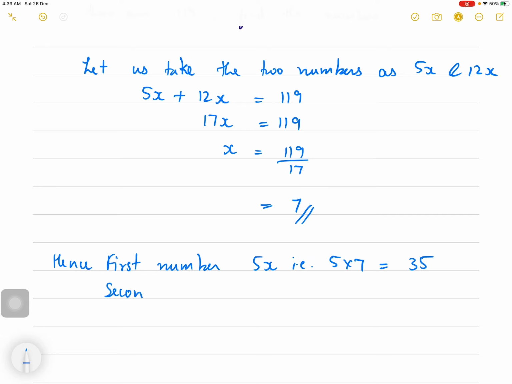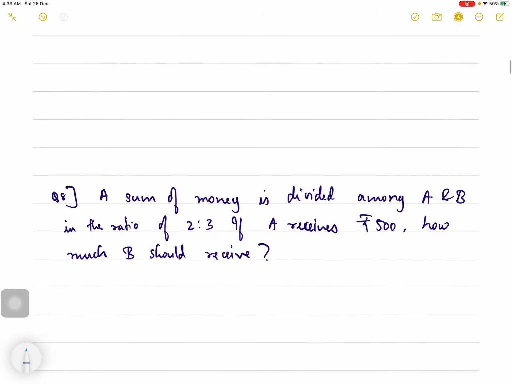Second number, which is 12x, that is 12 into 7, it comes to 84. So the two numbers are 35 and 84. Let's see the next problem.